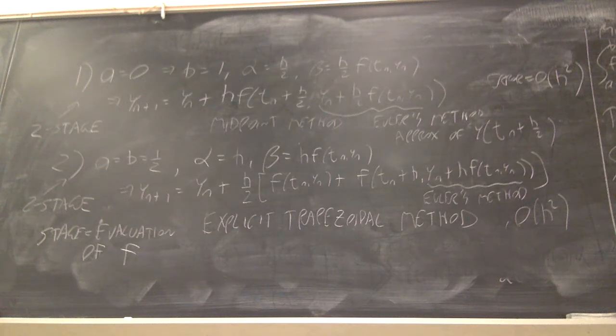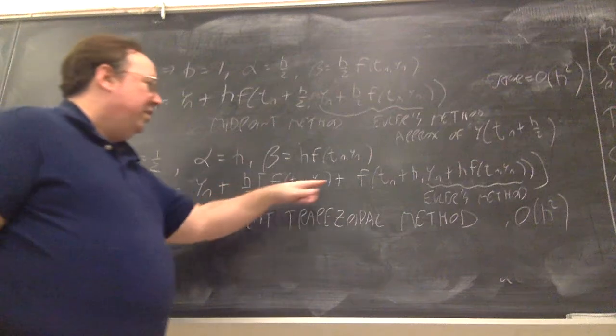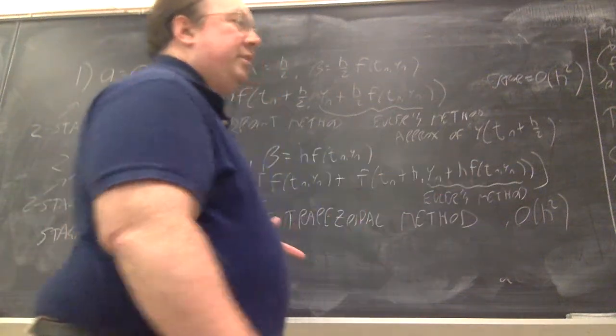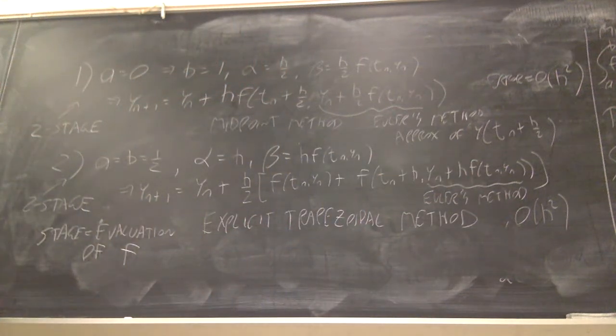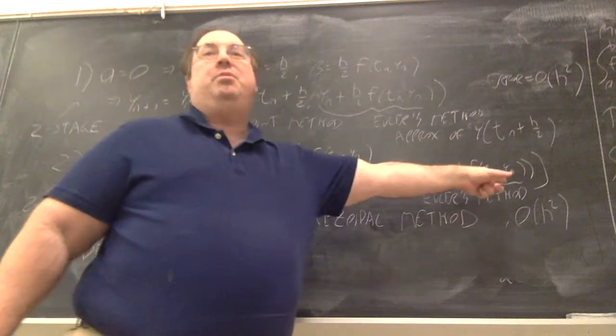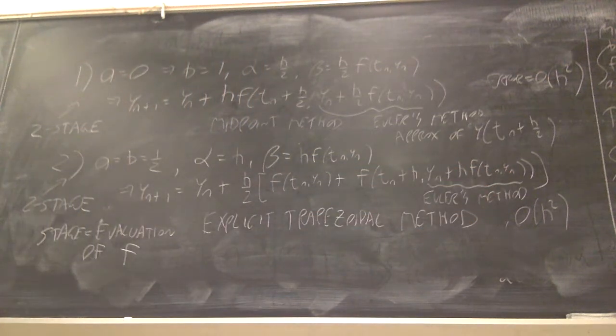It's just that you get second order accuracy for both. This one, it looks like you have to evaluate f 3 times, here, here, and here, the way I wrote it, except 2 of these evaluations are at the same point. So if you implement it more carefully, then you see there's only 2.